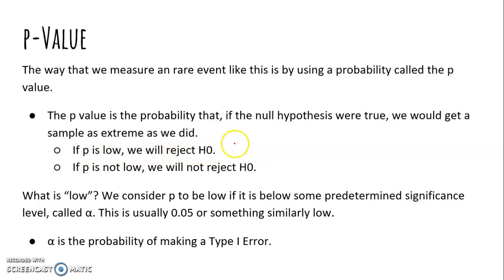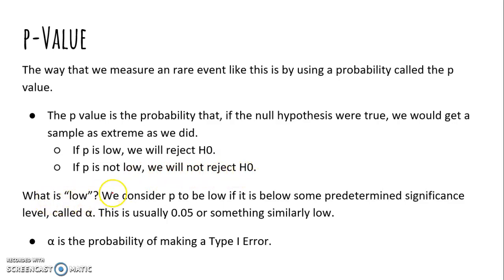Because what we're saying is, okay, this result is so unlikely, it's so unusual, that the only explanation is our assumption was false to begin with. So we reject that assumption, we reject the null. If p is not lower than what we consider unusual, we fail to reject the null.